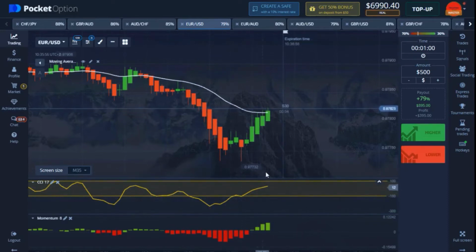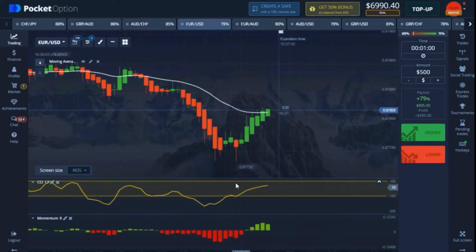If you're taking a trade right at the bottom of the chart, always make sure that your CCI starts out in the oversold position. It's just starting out a little bit, and make sure the trend is pointing straight to the overbought position with your CCI. It's very important, so I hope you understand this now.